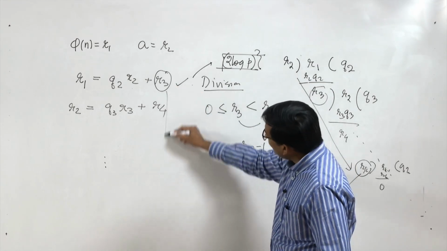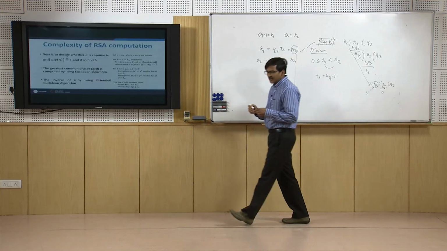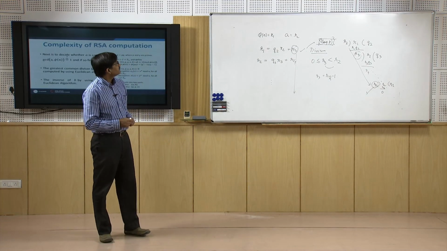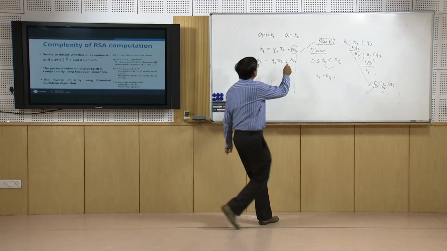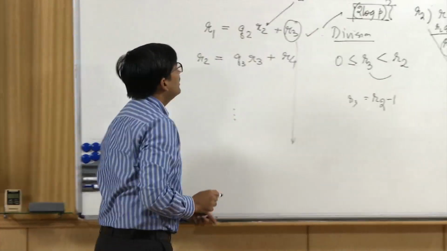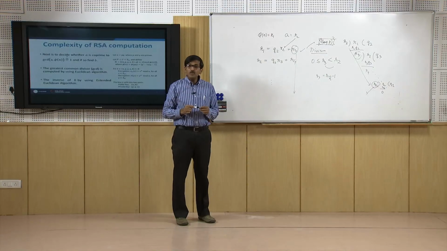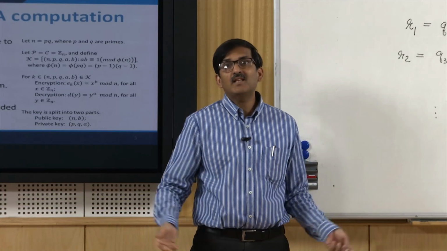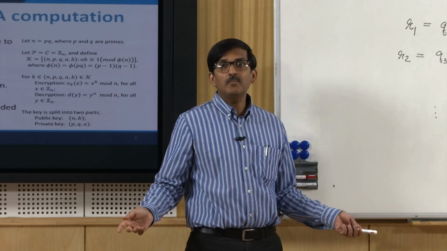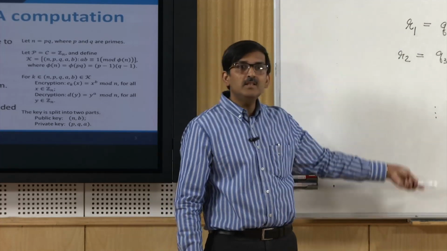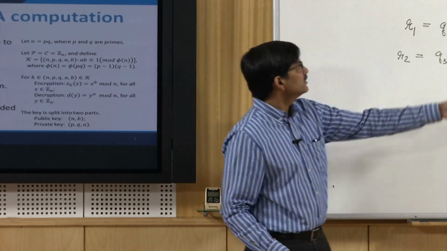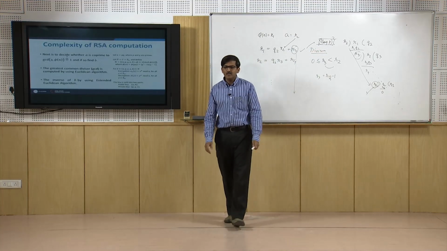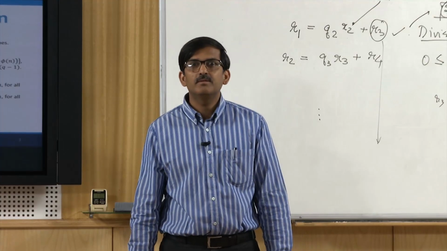In this chain it is quite possible that they decrease 1 by 1, but this A, that is R2, can be a very large number, because A is chosen at random from Z sub PQ. So, we will have many steps to go, and each step we have a square of a log, but anyway it may be as large as the number itself.